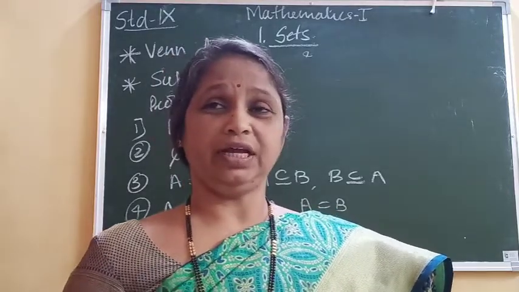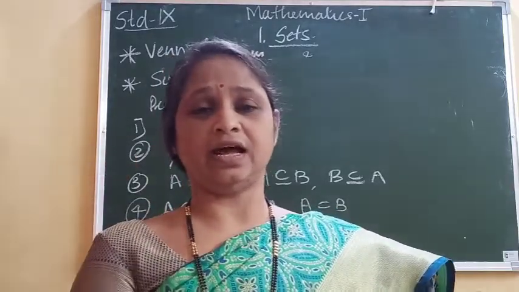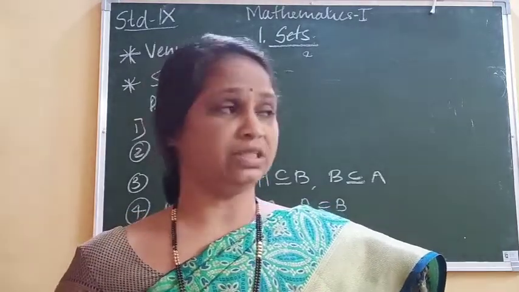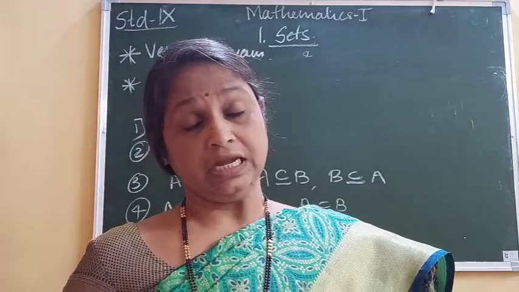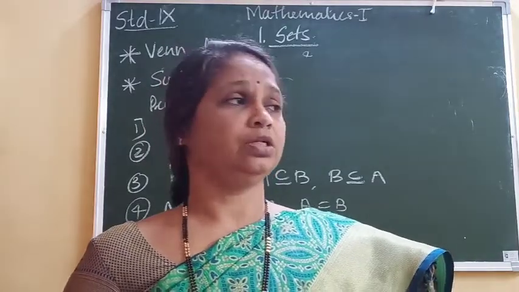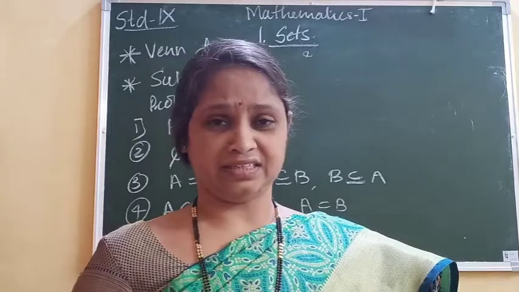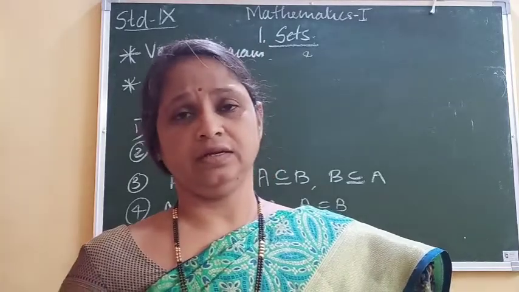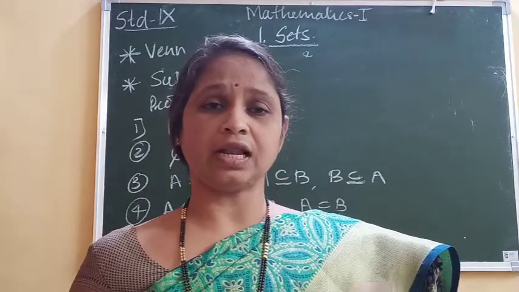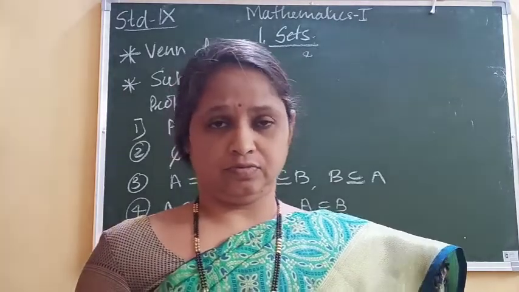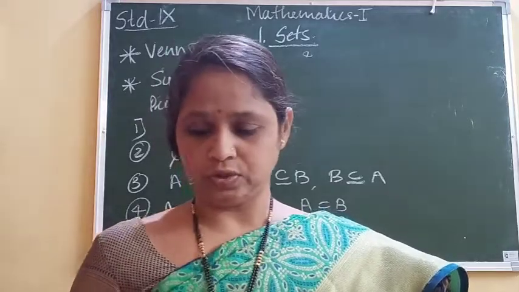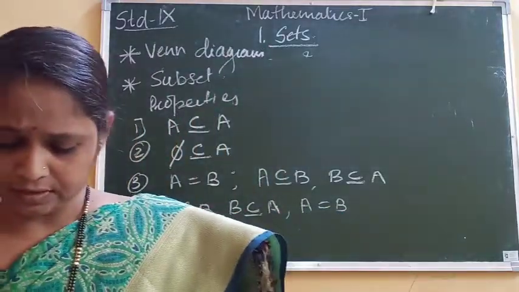In the same manner, in your school, your class, standard 9, is a set. Your school is a universal set and your class is one set, which means your class is a subset of the school.